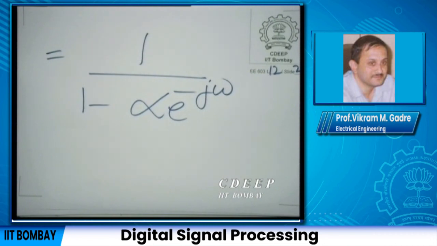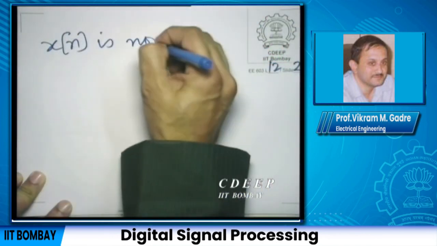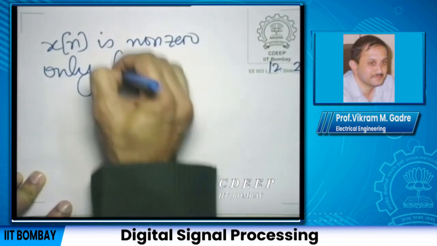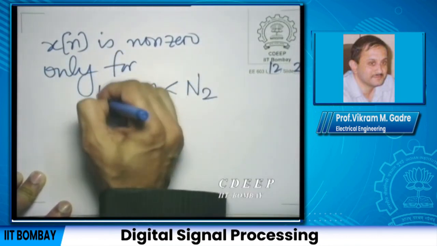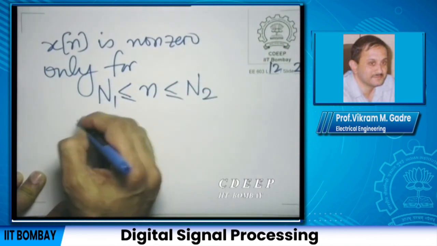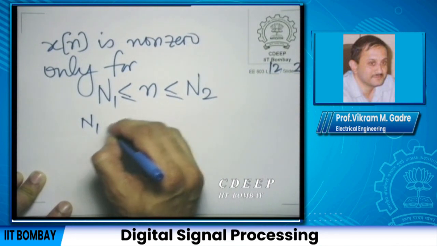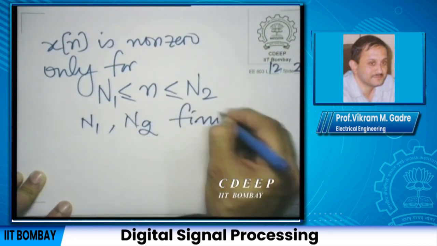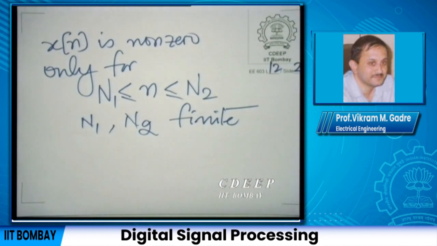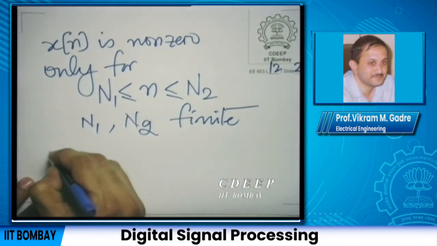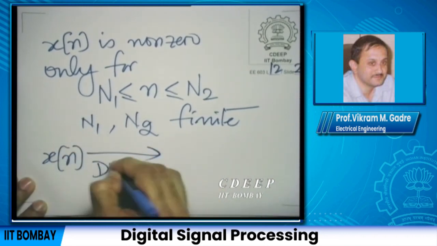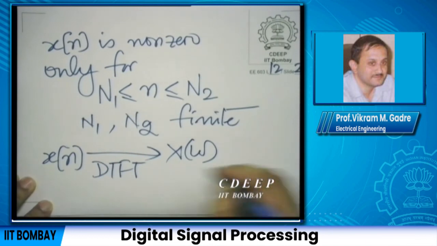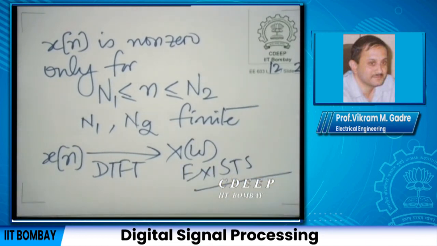I may also mention that if you have a finite length sequence, if x[n] is non-zero only for n between n1 and n2, where n1 and n2 are finite, they can be positive or negative, it does not matter, then of course, the DTFT of x[n] always exists. That is easy to see because it is a finite summation.